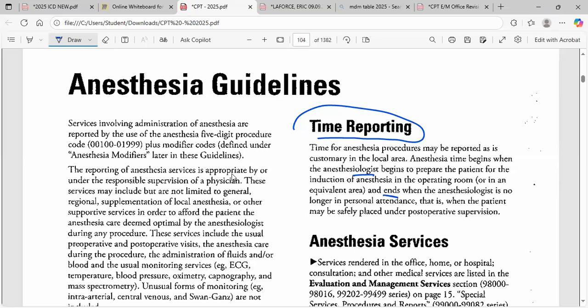If he is present in the room, we are going to use that time for the anesthesia. So anesthesia time is not dependent on the surgery time. There is a chance that surgery took less time, but we have to give the anesthesia for the extra time, so we are going to bill for the anesthesia time only. Anesthesia time is not based on the time of the surgery.